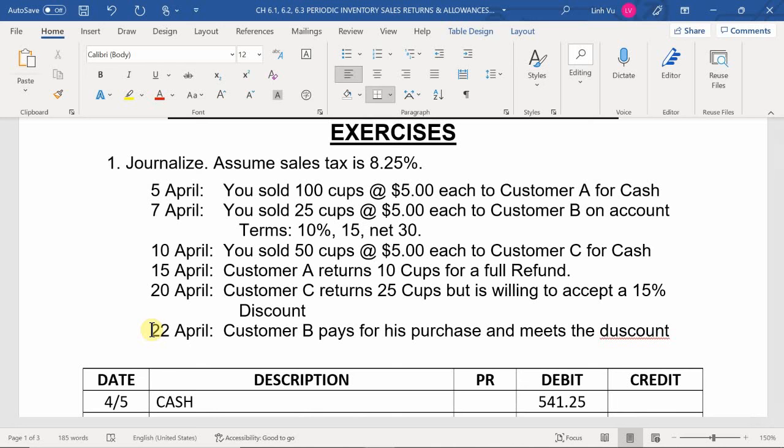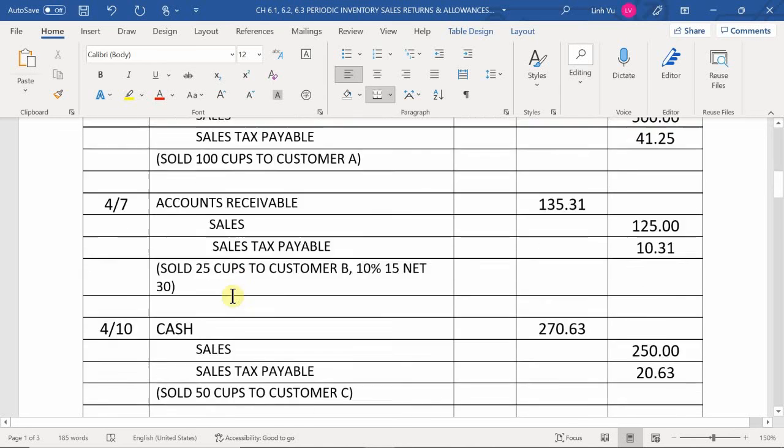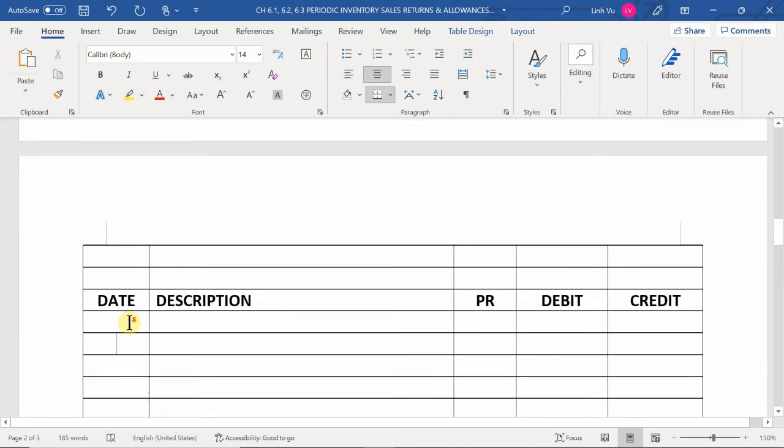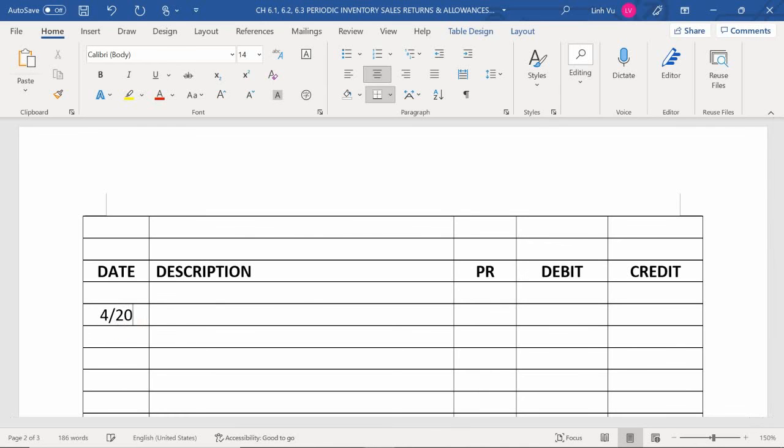So in this case, if I sold each cup at $5, how should my journal look like?